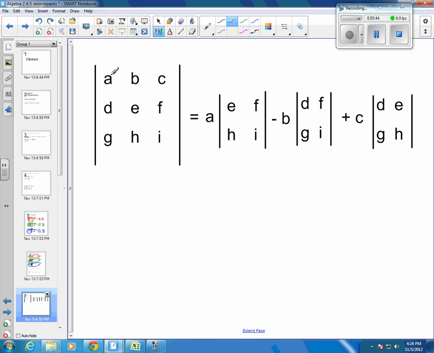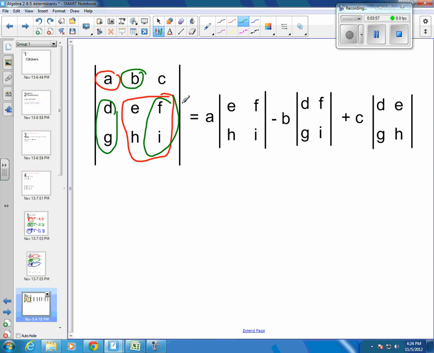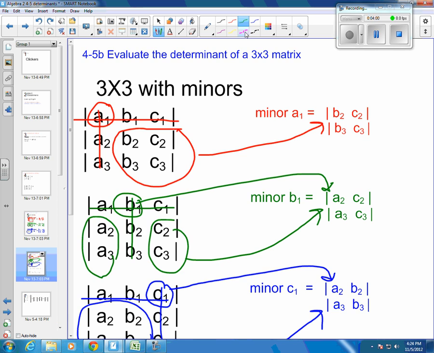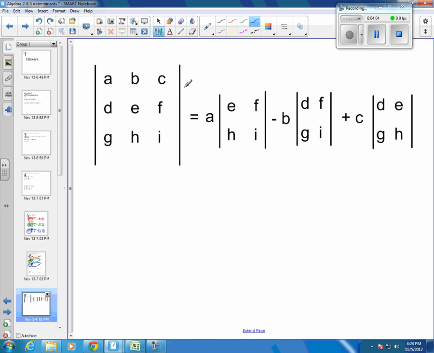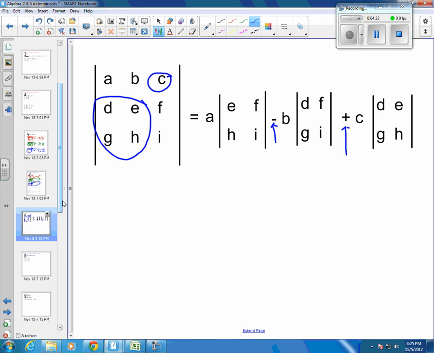So again, you've got your A times the determinant of E, F, H, I. Then you're going to take your B times the determinant of D, F, G, I. And then you're going to take C times this D, E, G, H. Just make sure you know that it's minus here, and it's plus there, and it's the minor of A minus the minor of B plus the minor of C. So if you need to pause and write that formula down, that would be a good idea, because I'm about ready to go into an example of actually finding the determinant of a 3 by 3.